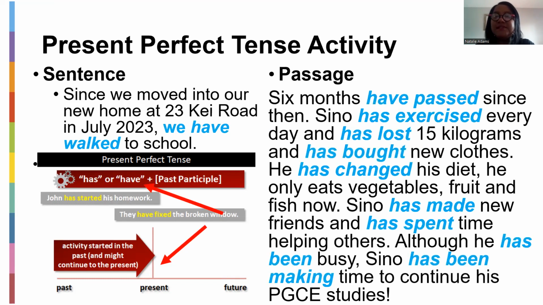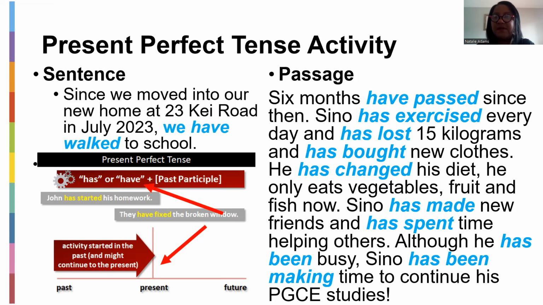So, "Six months have passed since then." So you have the activity. "Since we moved into our new home at 23 Key Road in July 2023, we have walked to school." So now the passage that they can add to it is that six months have passed since moving into the house.